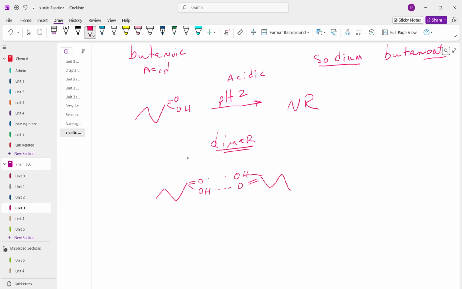That's another reason they're particularly polar. It's because of the dimer formation.